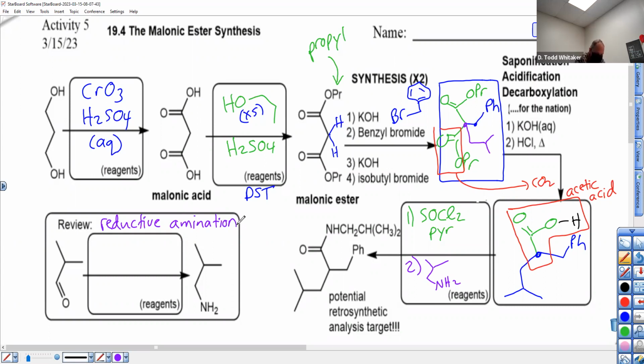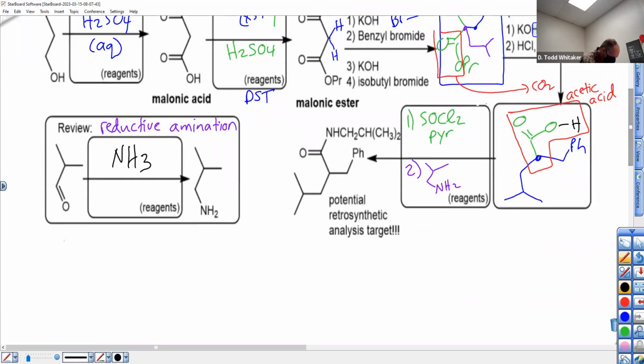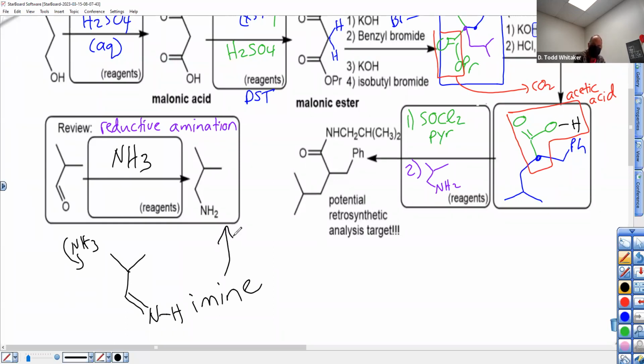Do you guys know what would happen if you put in NH3? I'll tell you what would happen if you put in NH3. Imine, right? How do you make an imine into an amine? What do you have to add to the molecule? Literally, what 2 atoms need to be added to the molecule?